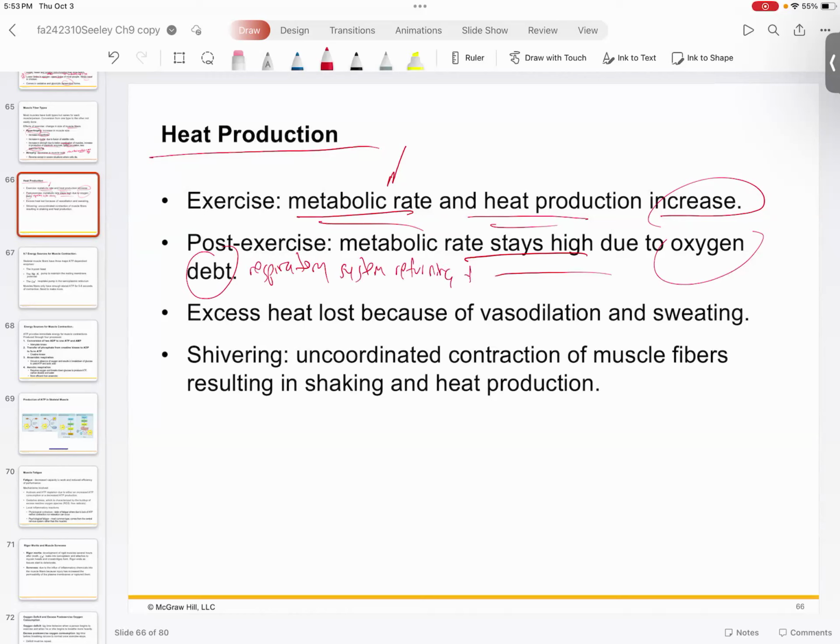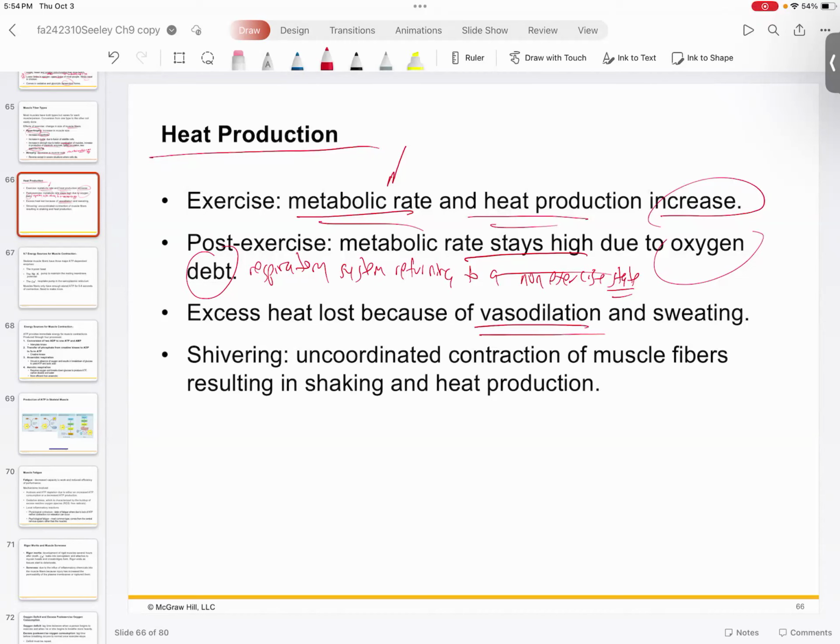returning to a non-exercise state. The excess heat that you have, and a lot of times, I don't know about you guys, when you're working out, the hottest point you feel is when you stop working out, because now all of a sudden you feel all this heat coming off of your body. And the heat is coming from the vasodilation of those blood vessels in your skin.